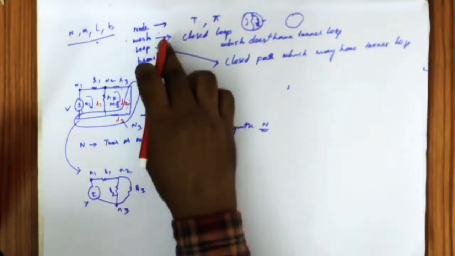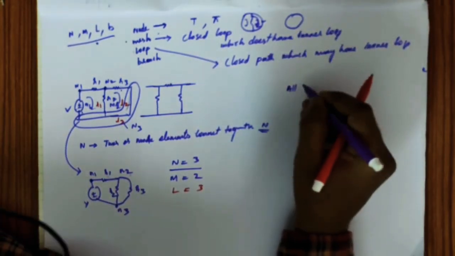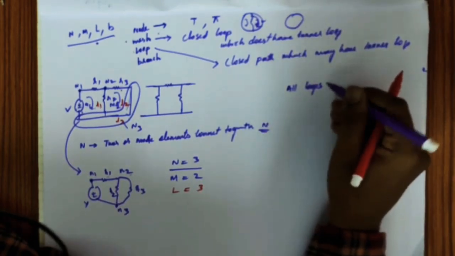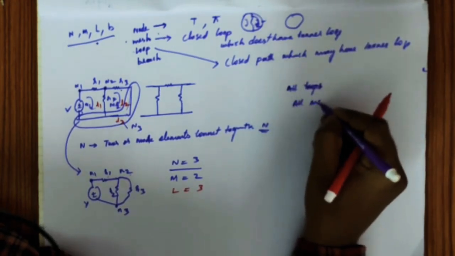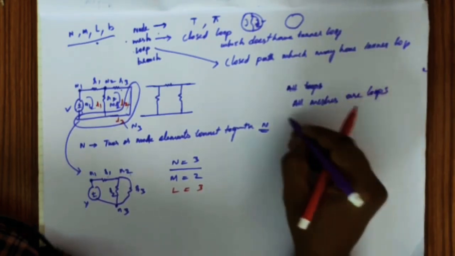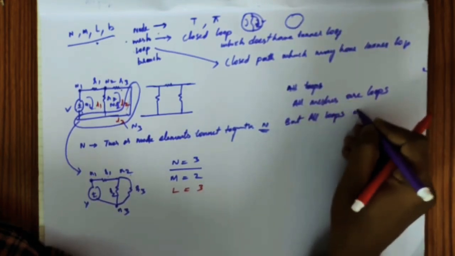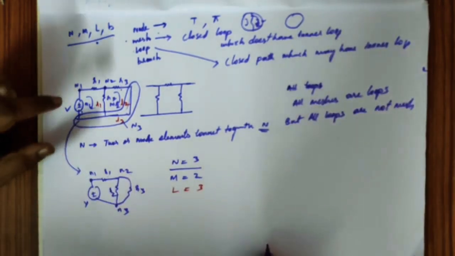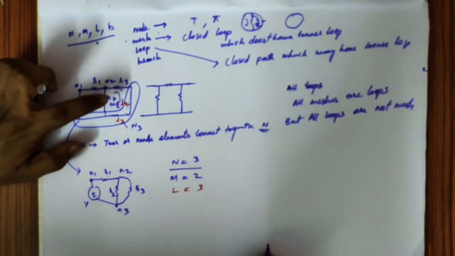Now what is the difference between mesh and loop? In one sentence, I'll say all meshes are loops, but all loops are not meshes. That means this L1 loop is called M1, and the L2 loop is called M2.